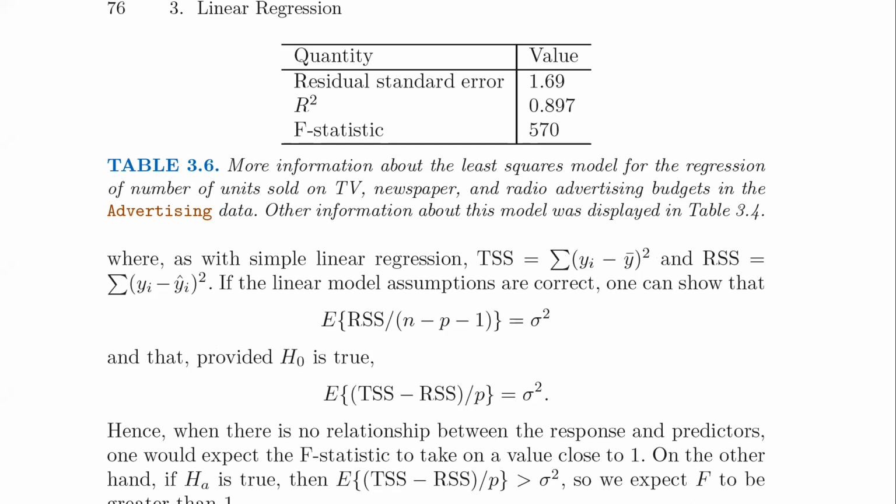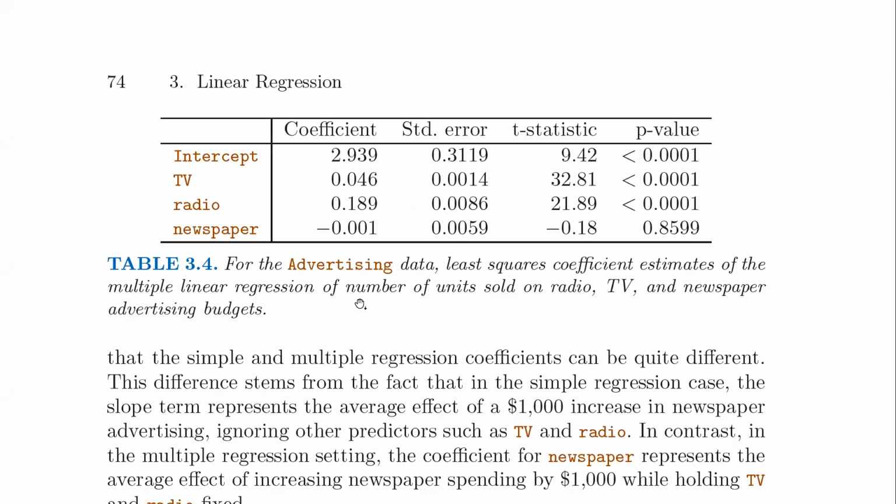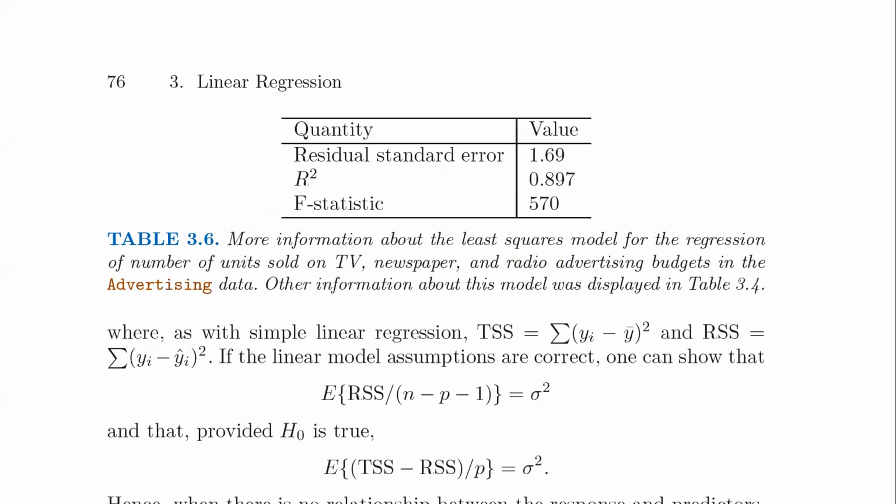That's when I think we estimated the betas, right? In table 3.4, which was these over here. So these are the individual coefficients. It really gets interesting when you do this in R, but the theory is quite important. So what do we get? We get a residual standard error of 1.69.